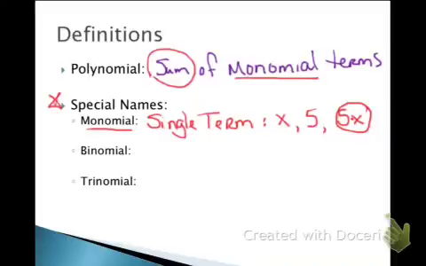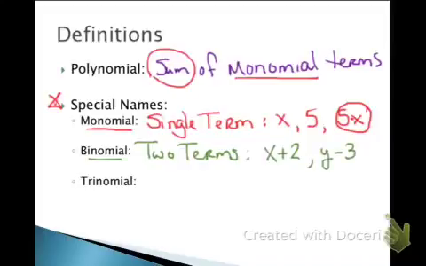Now another of our special names is the binomial. A binomial means that we have two terms, two different things that we can't combine together. Lots of times in your Algebra 1 experience you saw binomials as x plus 2, and it for sure could be y minus 3 or whatever it may be. But there are two different terms that we can't do anything with unless, like yesterday's lesson, you know what x or what y is.